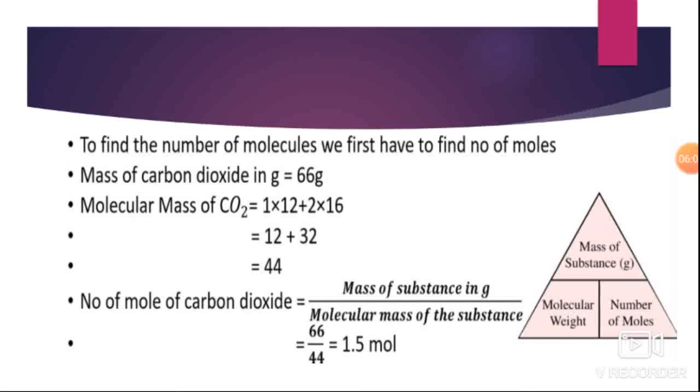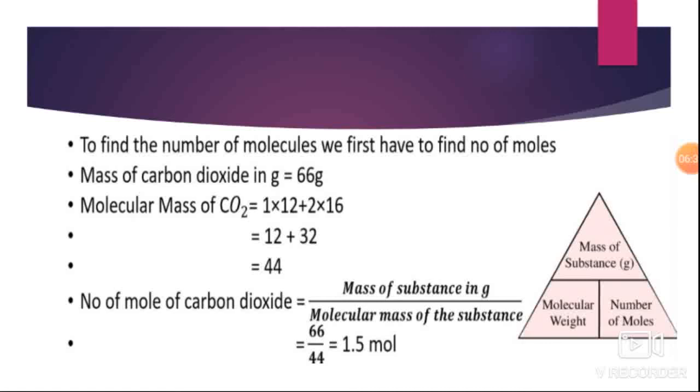And for oxygen, we can see O2, so 2 atoms of oxygen are there, and the atomic mass of oxygen is 16. In this way, we have to remember the atomic masses so that you can find it vertically also. So 1 into 12 plus 2 into 16, that is 12 plus 32, that is 44. So we got 44 as the molecular mass of carbon dioxide.